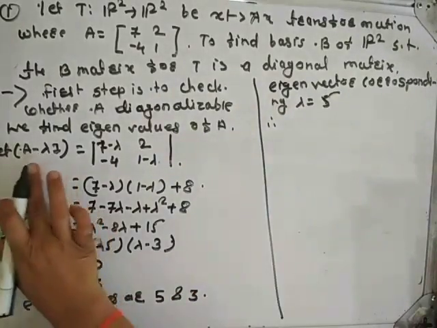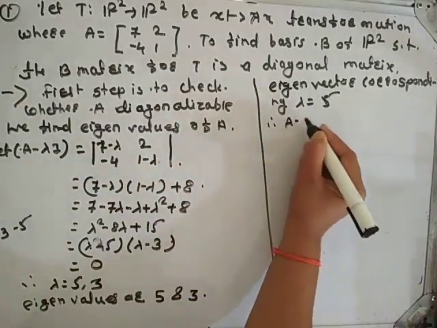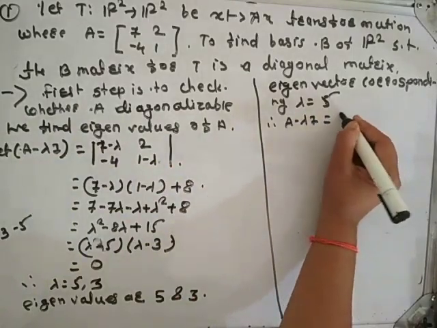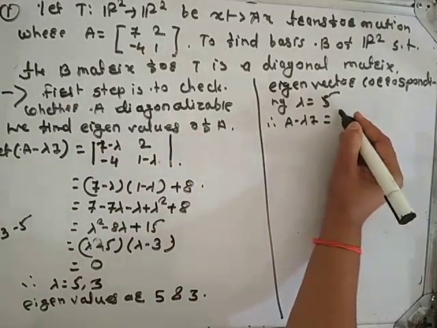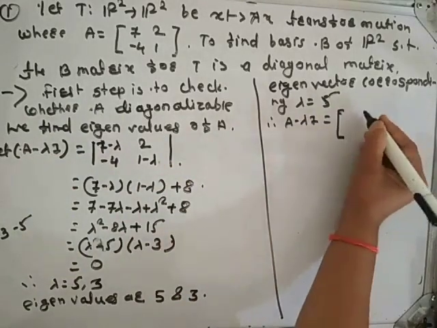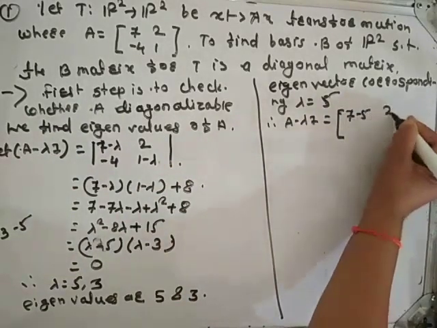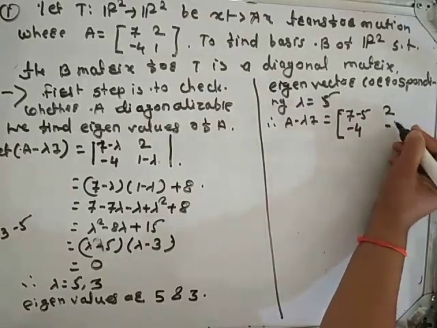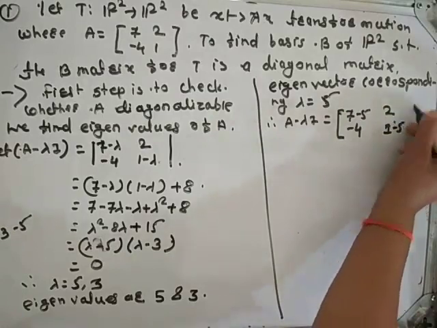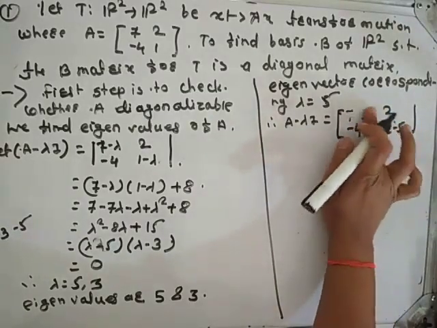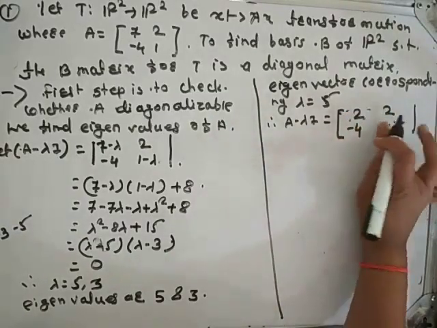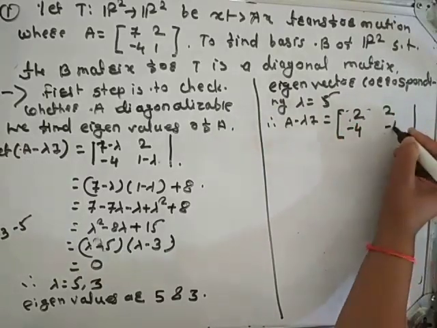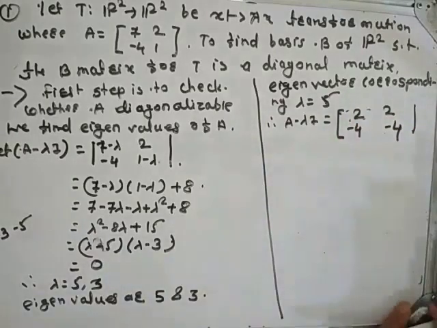Therefore, A minus lambda I becomes the matrix 7 minus 5, 2, minus 4, 1 minus 5. This is nothing but 2, 2, minus 4, minus 4.